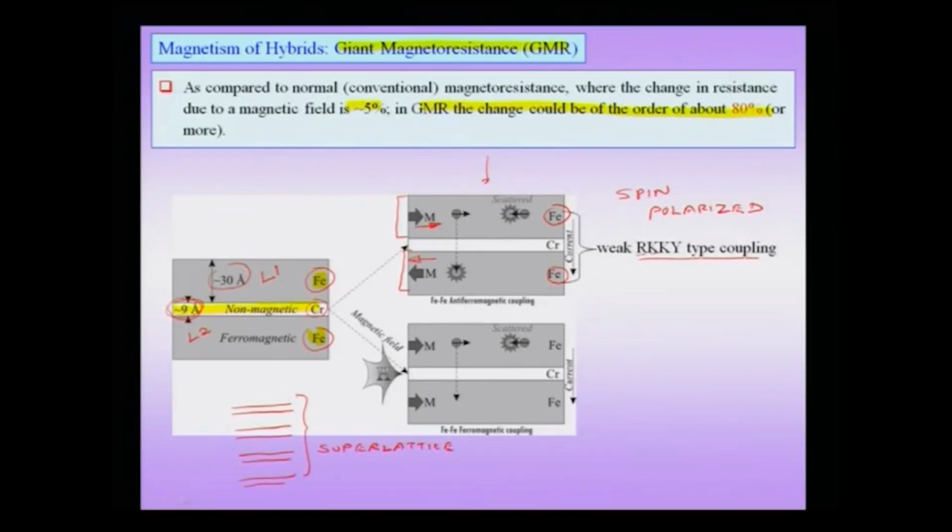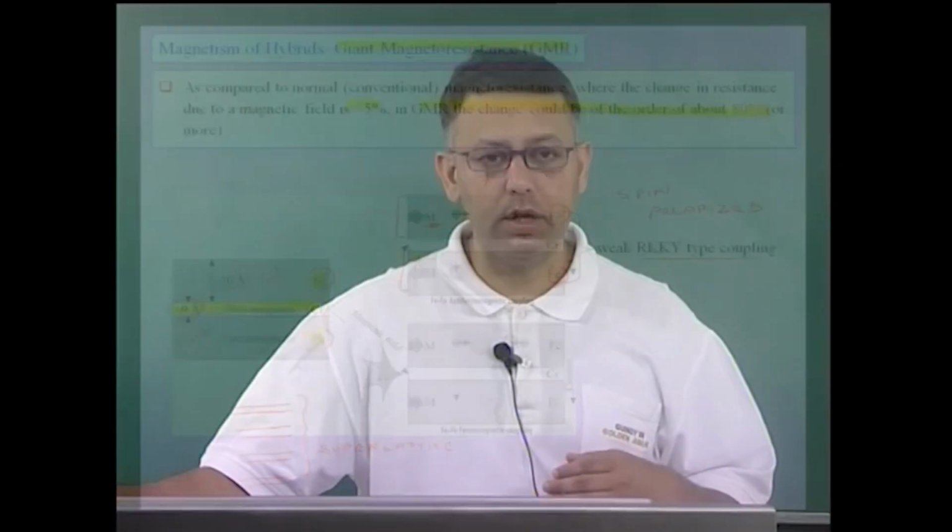When you are passing a current in a normal material, the spins are pointing randomly, while if you pass the current through a ferromagnetic material, the spins get polarized, because now all the spins in the ferromagnetic material are pointing in the same direction. That means now you have a spin polarized current. That means not only is the charge being transported through the ferromagnetic material, spins are also being transported. Now, let me draw this schematically like this.